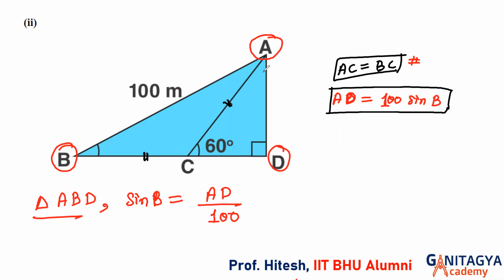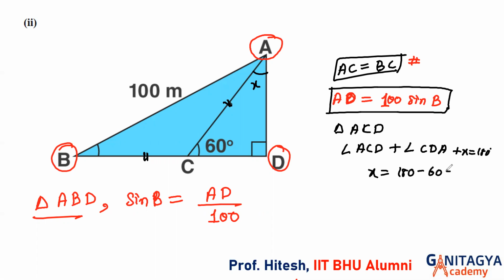See, in this triangle ACD, angle ACD plus angle CDA plus, let us say this angle is x, plus x is equal to 180. So x will be 180 minus 60 minus 90. How much is that? 30 degree. X is 30 degree. And this will be 180 minus 60.